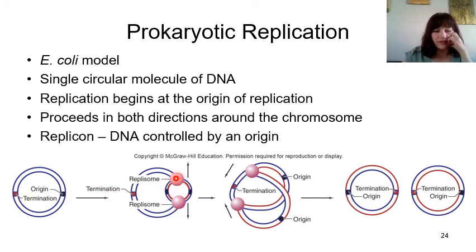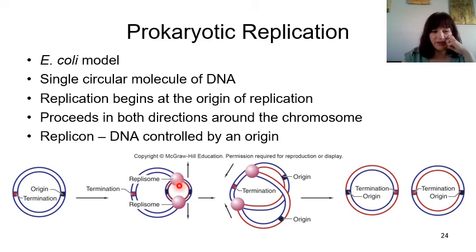This complex, called a replisome, will unwind or separate the DNA duplex. As you saw before, we need to give the DNA polymerase access to the template strand, so that it can read that sequence and determine what the complementary bases are that need to be brought in.